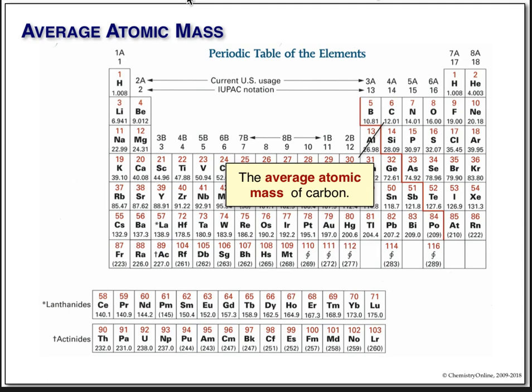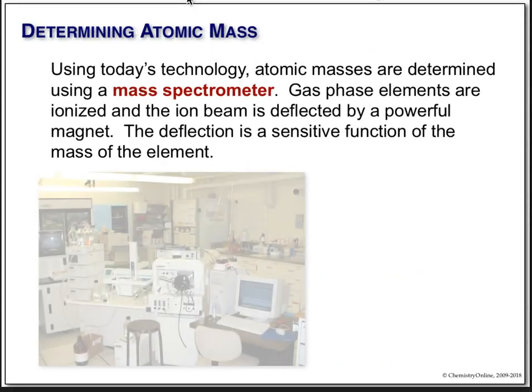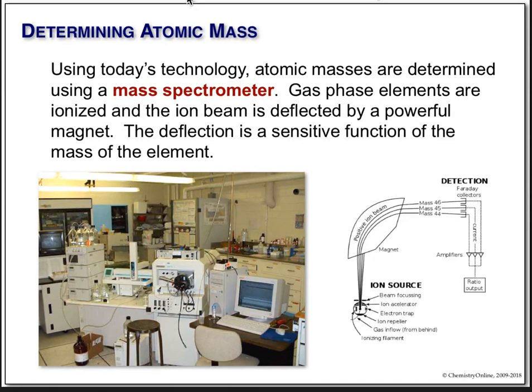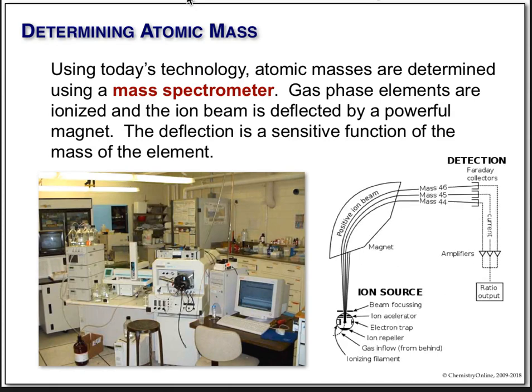Turns out that you can do this using what's known as a mass spectrometer. Big ugly machine. Basically what you do is you take an element or a compound and you ionize it, so you give it a charge. This little ion beam that you create goes into a magnetic field, very powerful magnet, sitting here.